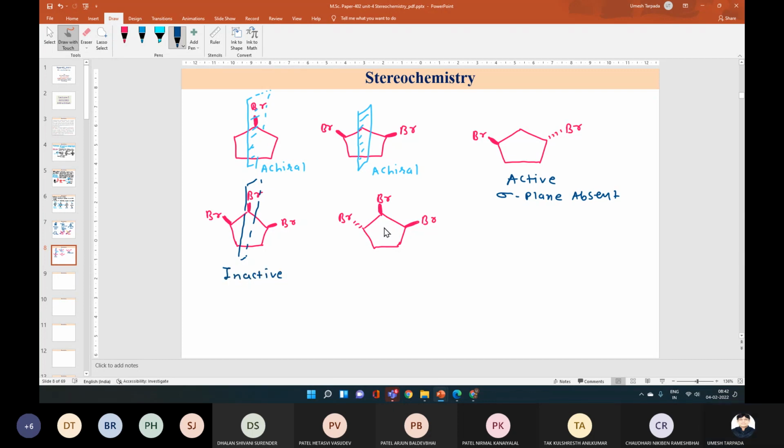What's about the next one? Optically active. Yes, you cannot see a plane of symmetry here. One Br is on the front side, the other on the back side, so the plane is absent.